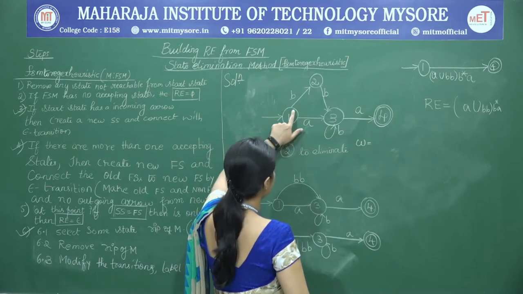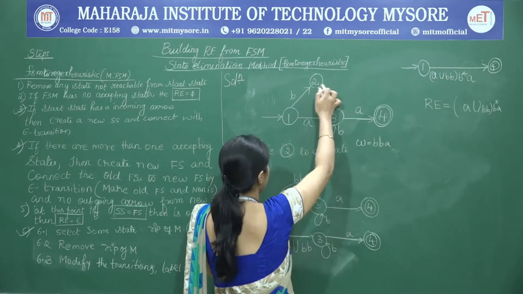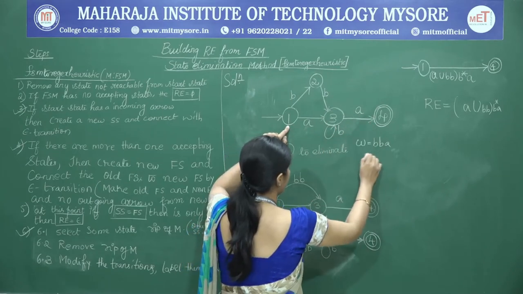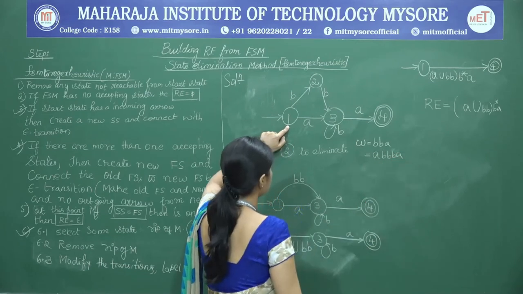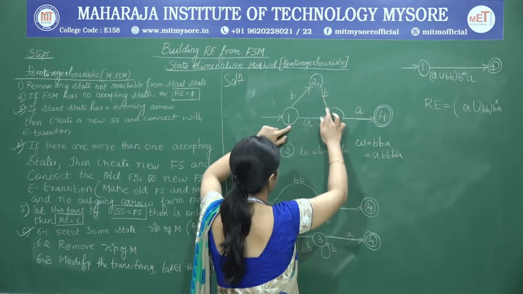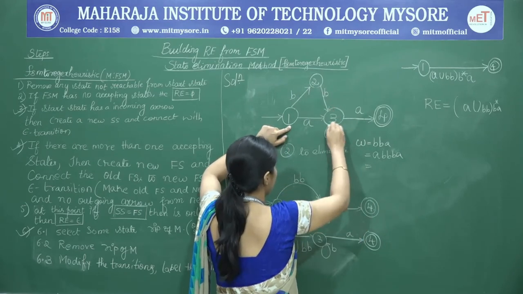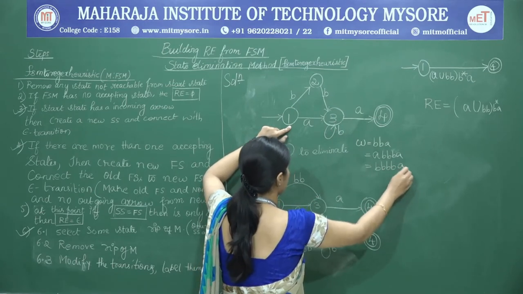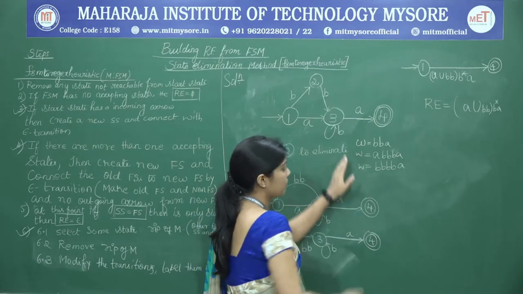So some strings that can be accepted are B, B, A. So B, B, A. Next, A, B star, A. So A, B star, A is nothing but any number of B's followed by an A. So it could also be possible that we may have 3 B's and A. So 1, 2, 3, 4, A. Okay. So these are few strings that can be accepted by the machine.